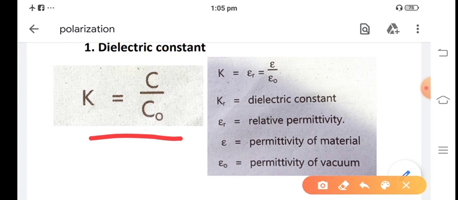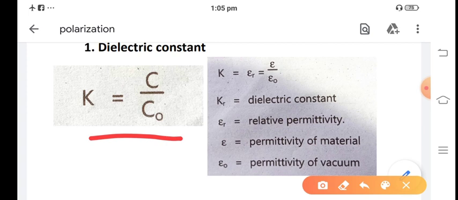Thus, the dielectric constant of a material is the ratio of the capacitance of a capacitor completely filled with the dielectric material to the capacitance of the same capacitor in vacuum. In other words, the dielectric constant is the ratio of the permittivity of the medium to that of the vacuum.